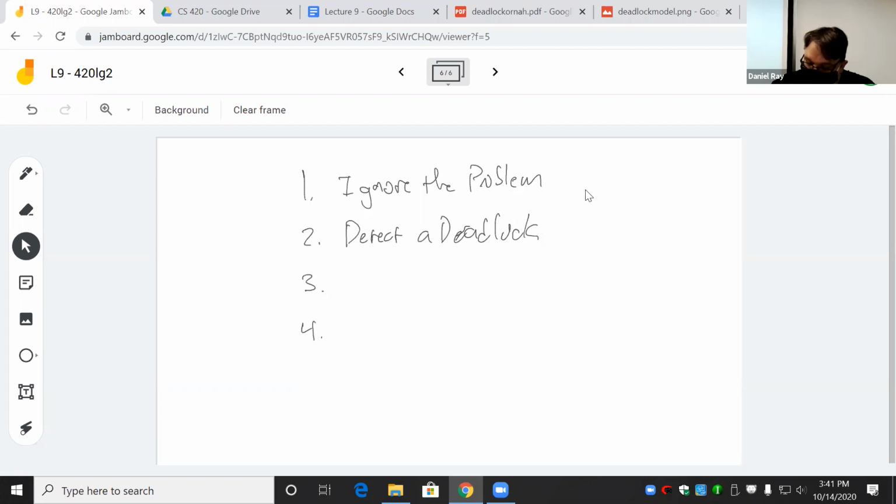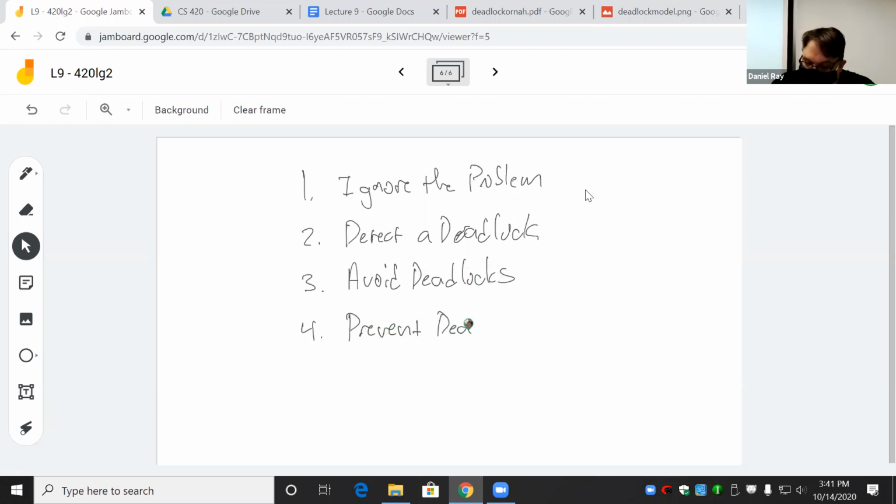Avoid deadlocks. Okay. And lastly, prevent deadlocks.